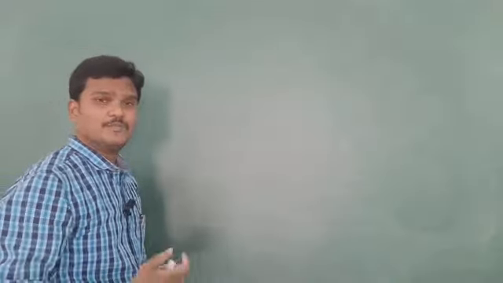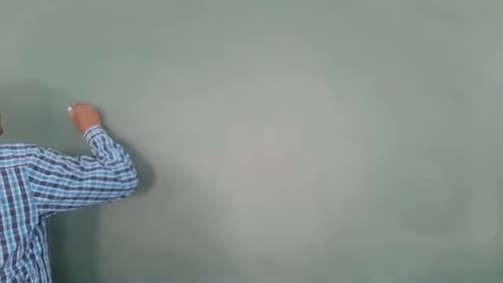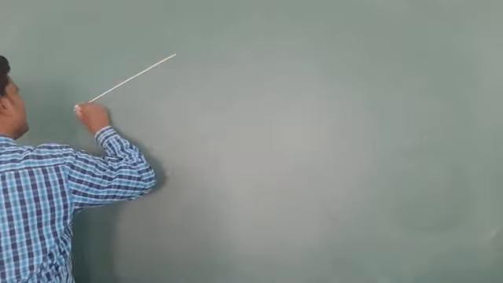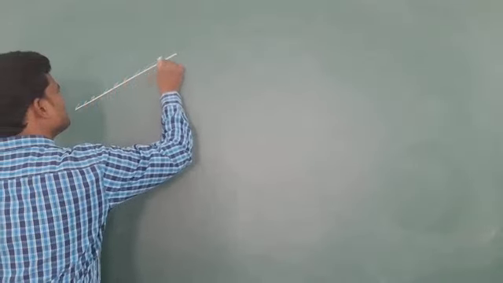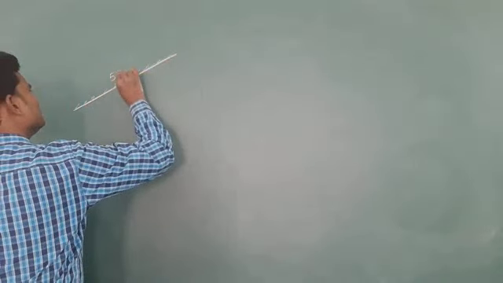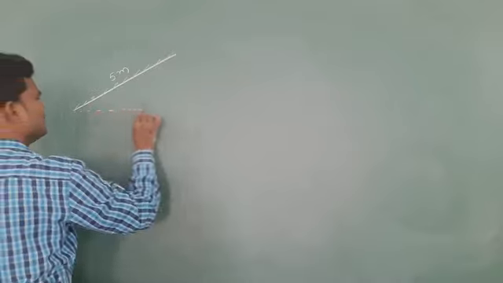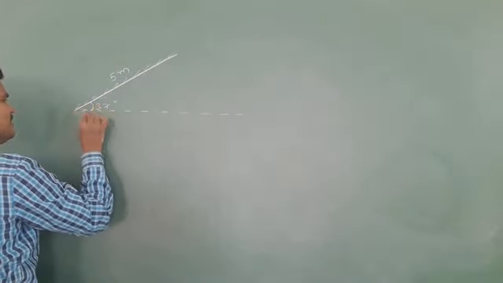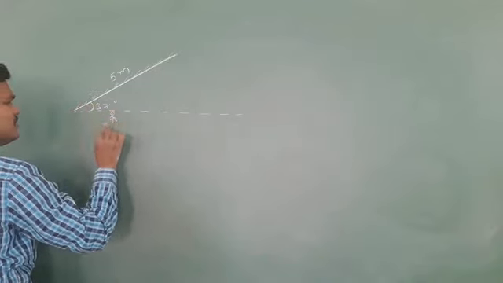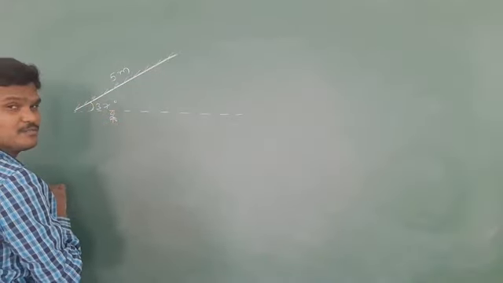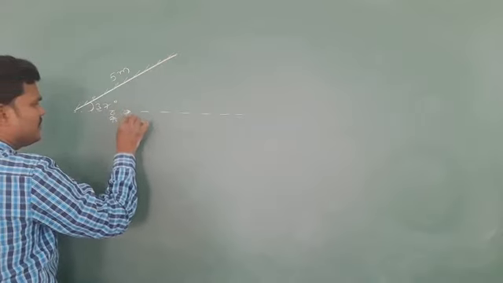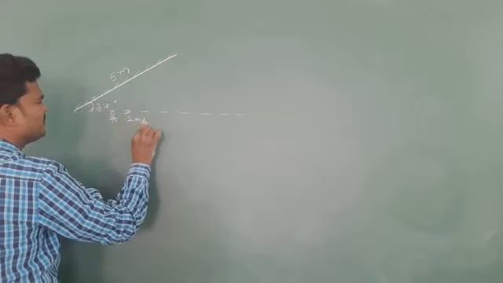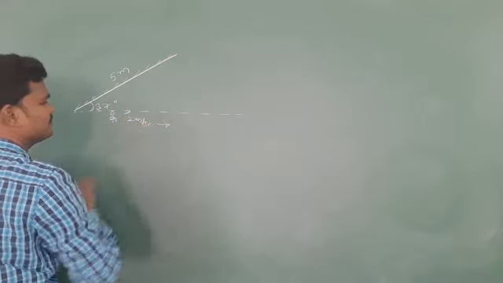See what they have given is a plane mirror which makes an angle of 37 degrees. This is the plane mirror whose length is 5 meter, which makes an angle 37 degrees, and an observer, a man, is moving with a speed of 2 meter per second in this direction.